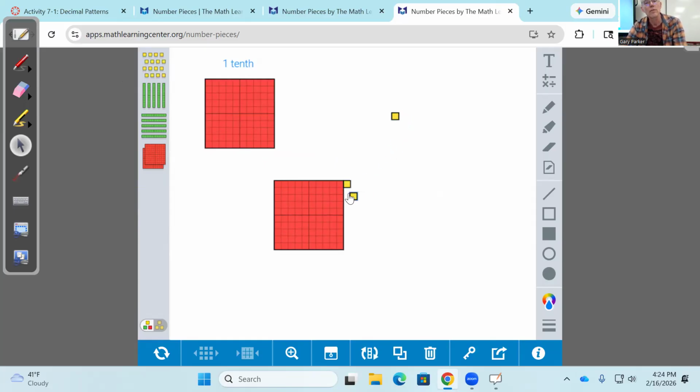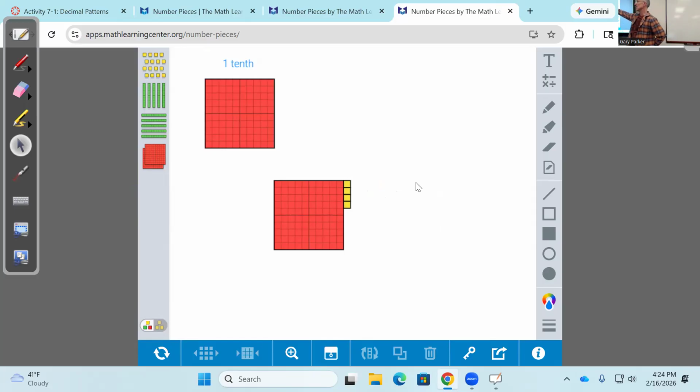All right, so if again, the flat is 1/10, then what decimal am I representing here on my screen? Yeah, so the red is 1/10. What are the little things then? They would be thousandths, so it would be 104 thousandths because I'm skipping the hundredths place.